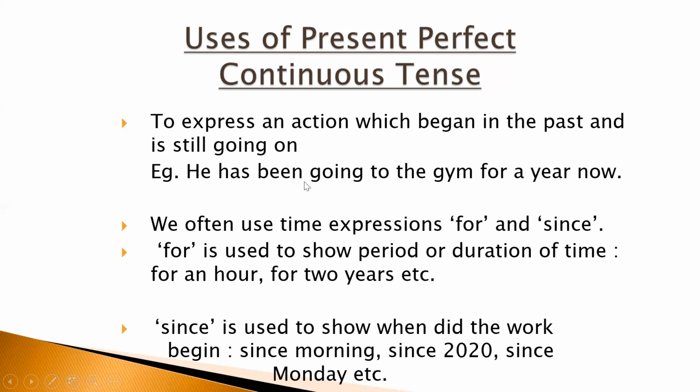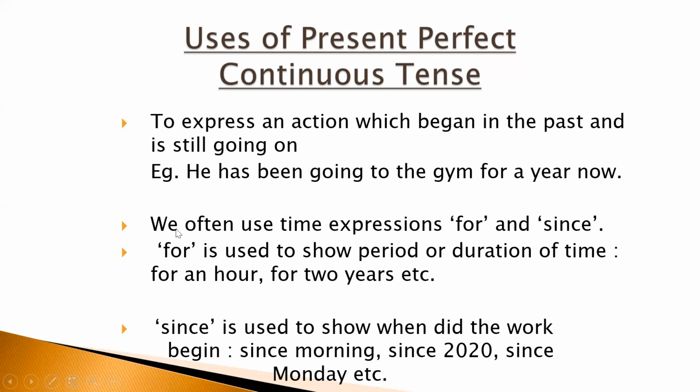He has been going. This is the structure for present perfect continuous. Has been going to the gym for a year now, something that started in the past but is still going on, and we also have to show the time frame. This for a year now shows the duration for how long the work is going on.